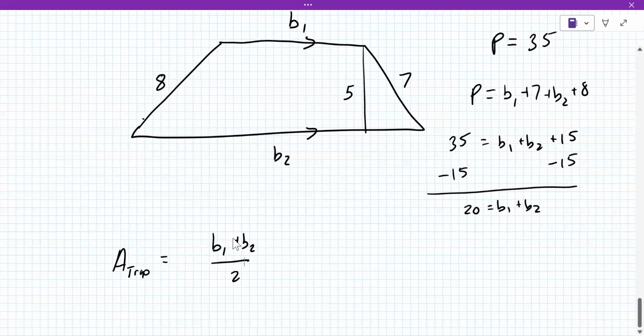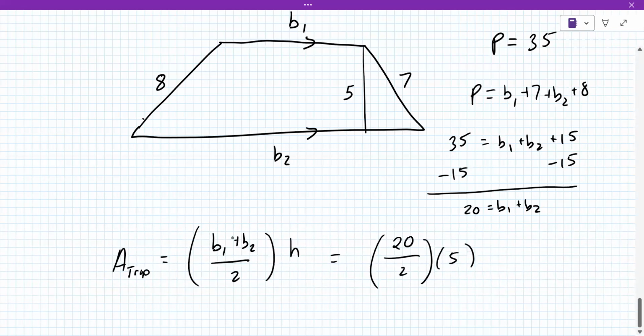You actually just need to know the sum. Yeah, so the sum is 20. We don't know their individual ones, but that's okay. We do divide it by 2, and then we multiply by the height, which is 5.